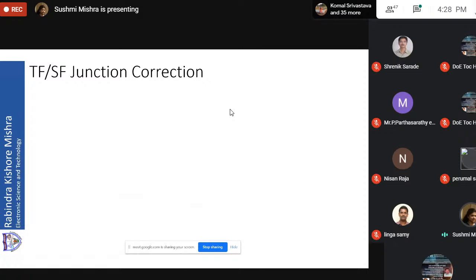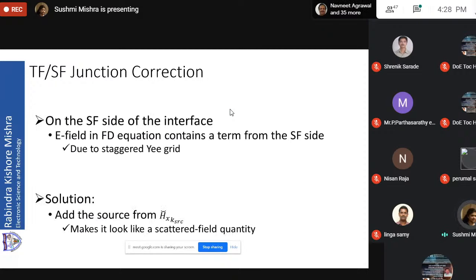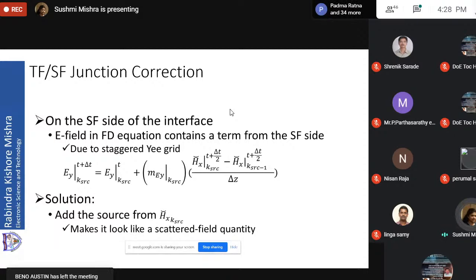Then the same thing will occur on the SF side, the scattered field side of the interface, while we are considering the E field. In this case also, same thing. Instead of subtracting here, you have to add the source term from the SRC. By adding the source term, we solve the problem.